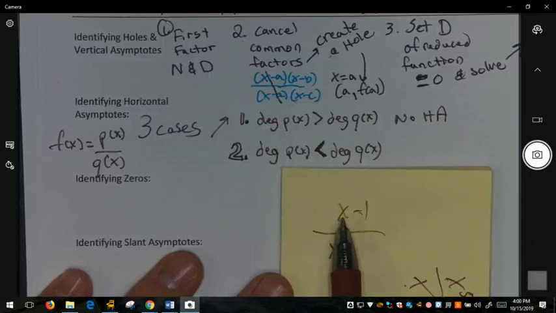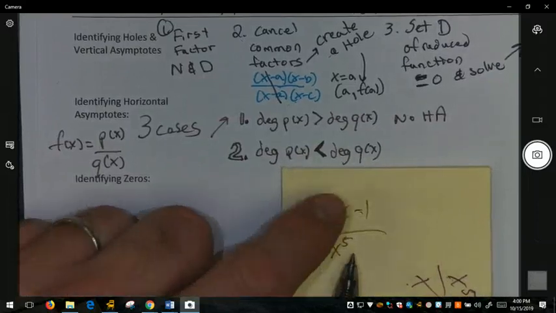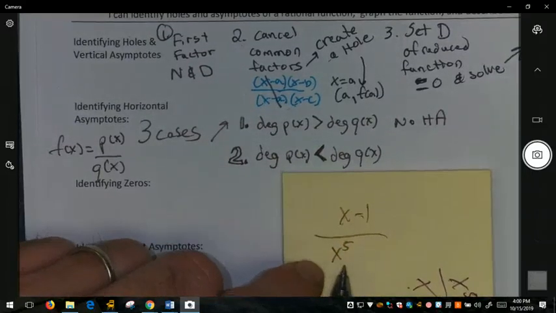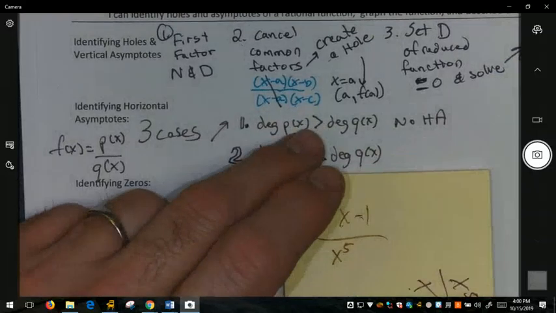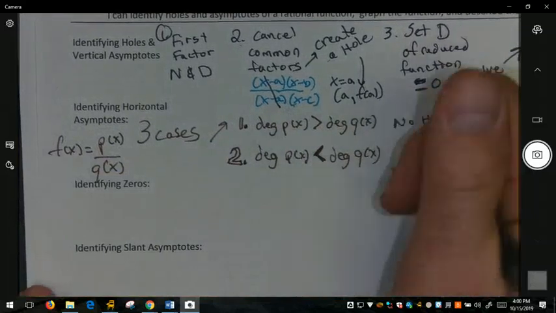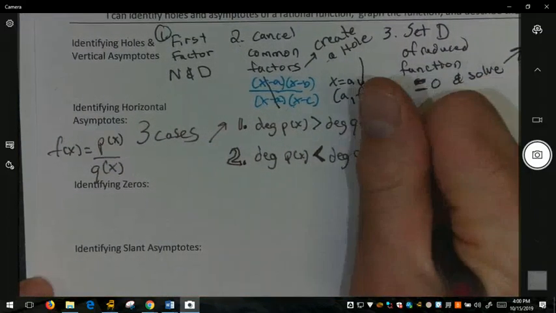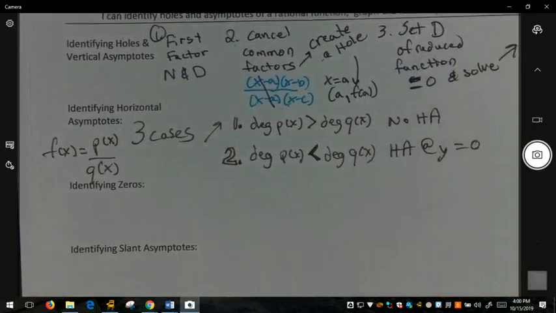Even if I plug in 100 here, this is going to be substantially larger than 99. If I put in 1,000,000 here, this is going to be substantially larger than this. The larger the values of x, the larger the denominator is in relation to the numerator, meaning that the number gets closer and closer to 0. So we do have a horizontal asymptote at y equals 0.